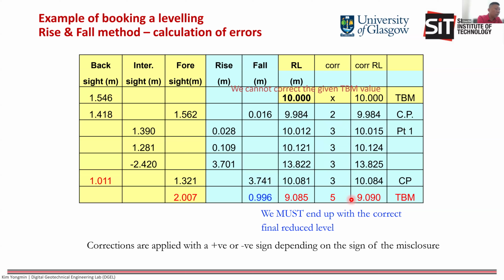And at the last position, we put another 2 mm, which means the 5 mm error is put back to the readings. So this column is the field calculation, and after correction, you get the corrected reduced level, and this should be the final level that you can conclude for all the points that you surveyed.